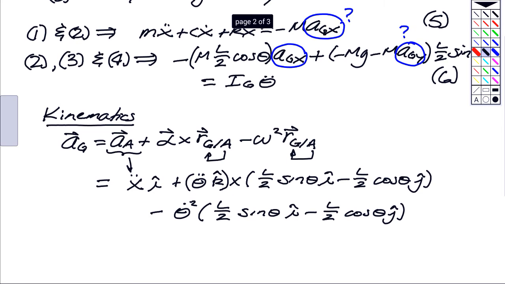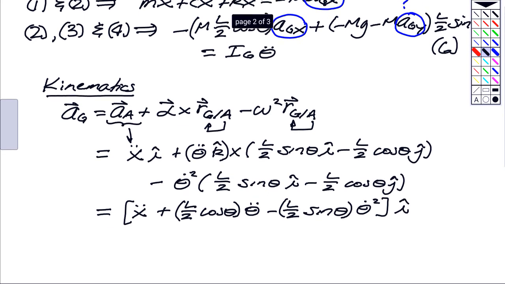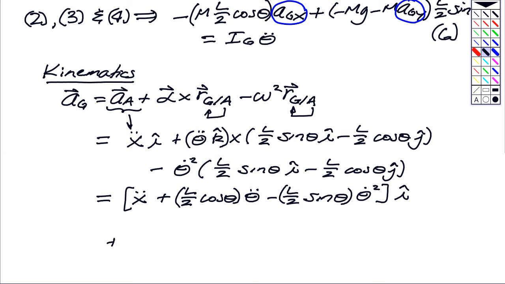So I do my cross products and I combine terms together. In front of i I get x double dot. I get an L over 2 cosine theta times theta double dot. I get a minus L over 2 sine theta in front of theta dot squared. That's all in front of i. In front of j, I'll have an L over 2 sine theta times theta double dot.